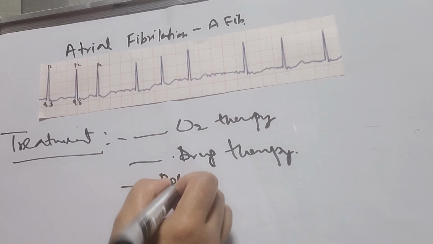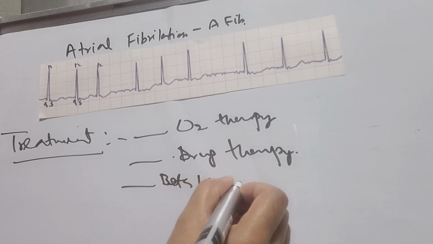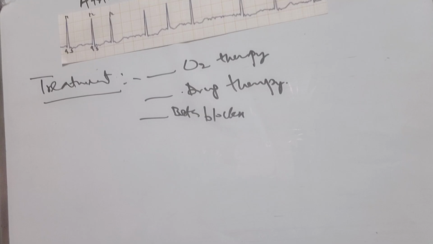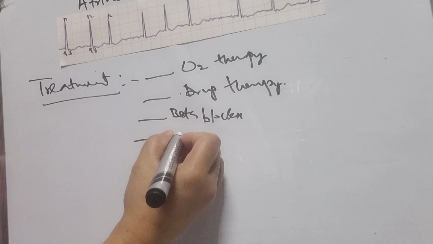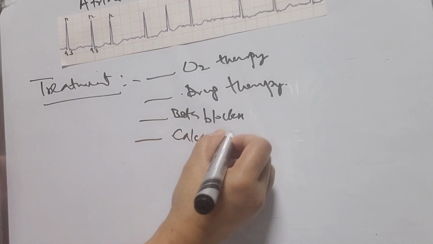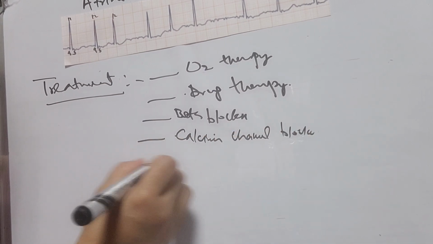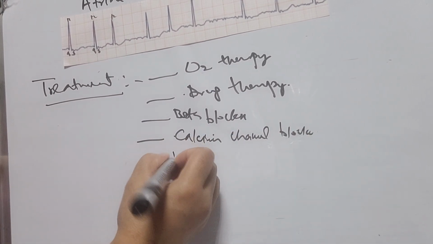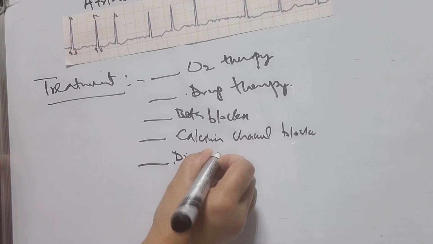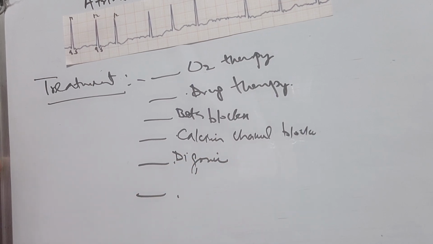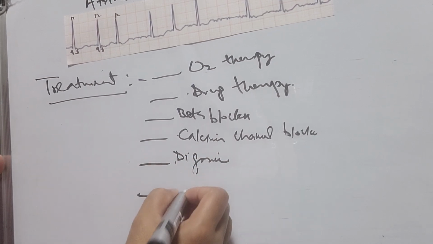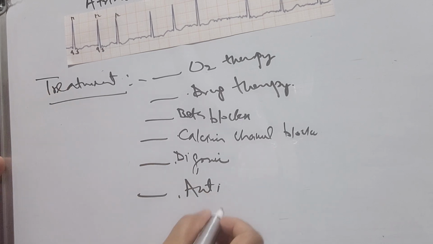Beta blockers, calcium channel blockers, digoxin, anticoagulant therapy, that is very important in AFib.